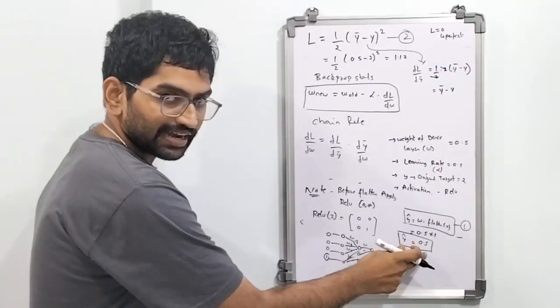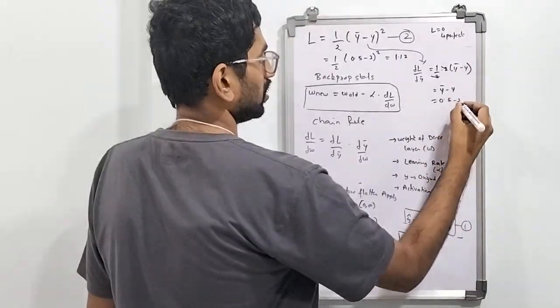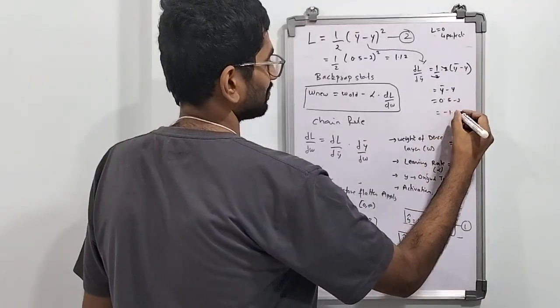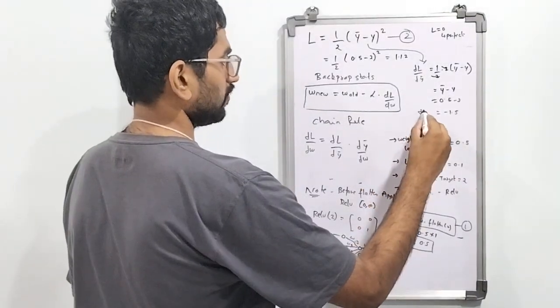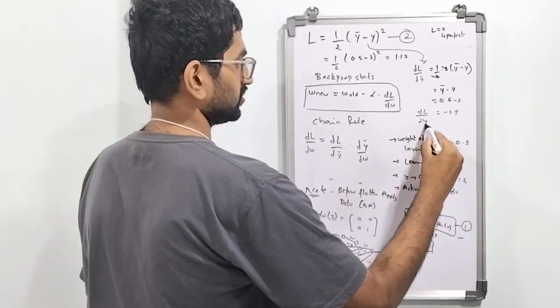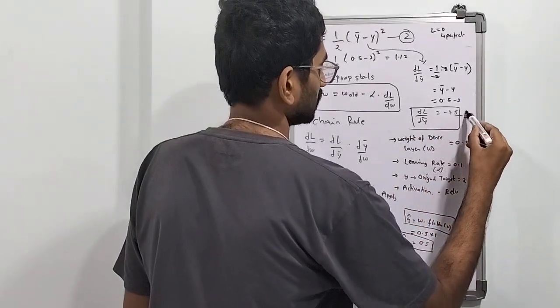You know the value of y hat is 0.5 and the value of y is 2. So you will get the value as minus 1.5. Correct? So here you got the value of dL by dy hat. Let's call this equation number 3.